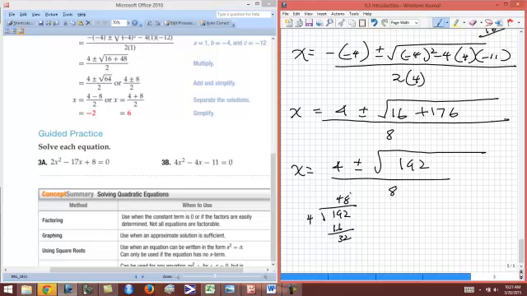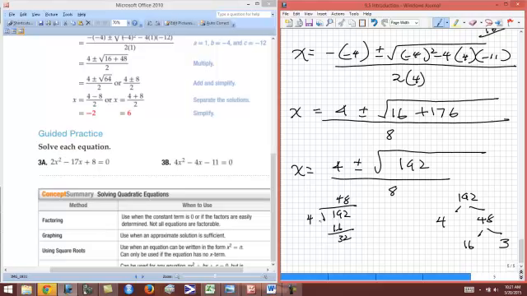So 192 is 4 times 48, and 48 is 16 times 3. So 192 is divisible by 4.